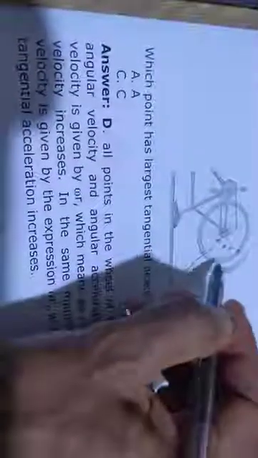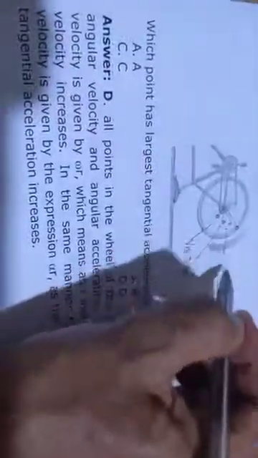One can find here this point has VB, this point has VC, about this axis, this is VA, and this is VD. You see all these points.